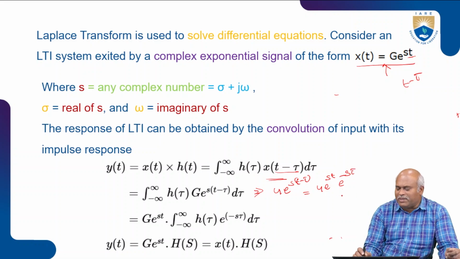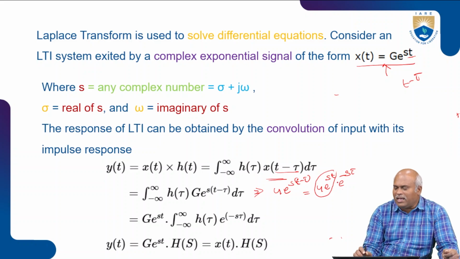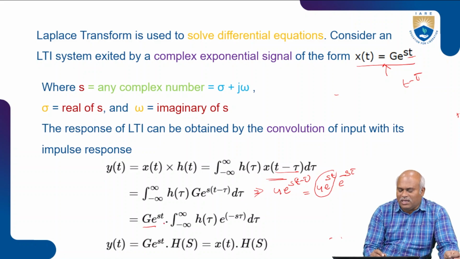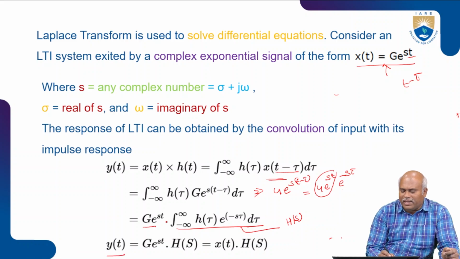So this term is represented as the input, and I take it outside the integration. The remaining portion is the integration from minus infinity to plus infinity of h of tau e power minus s tau d tau. This term I write as capital H of s. Now the output y of t is equal to G e power st H of s.